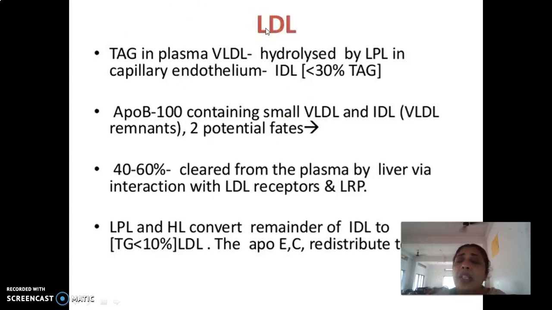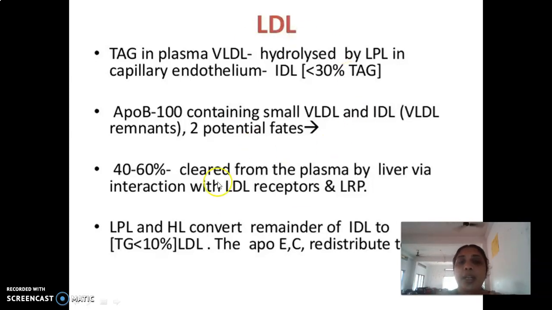And again, 90% of the LDL is actually derived from the VLDL. So the main source of LDL is the VLDL itself. Only the remaining 10% of the LDL is actually synthesized by the liver cells, right? Only a very small concentration of LDL is synthesized by the liver cells.